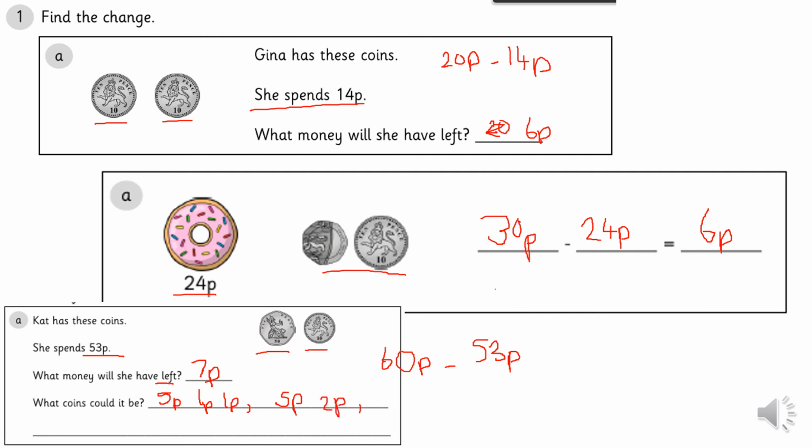She could have 7 1 pennies. She could have 3 2 pennies and a 1 penny. So it's thinking about all those different combinations. Have a go, see how you get on. Remember to do your calculations. Good luck.